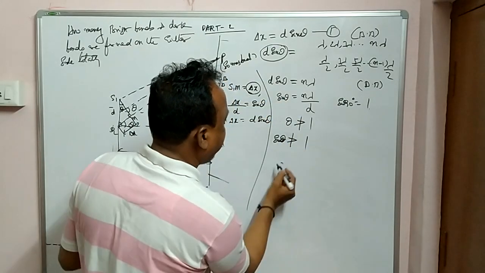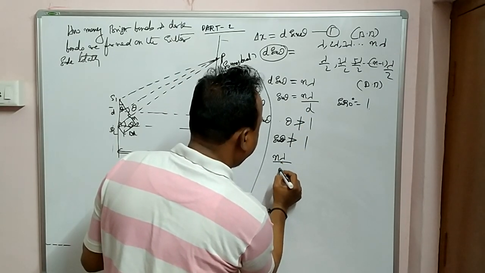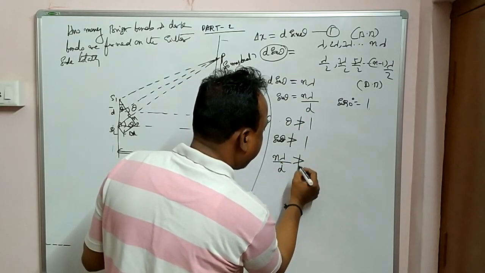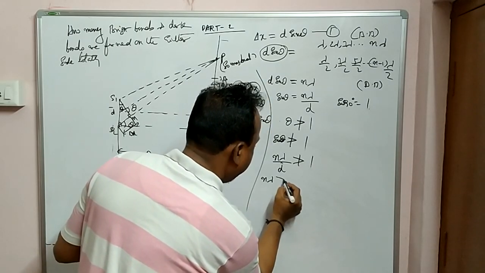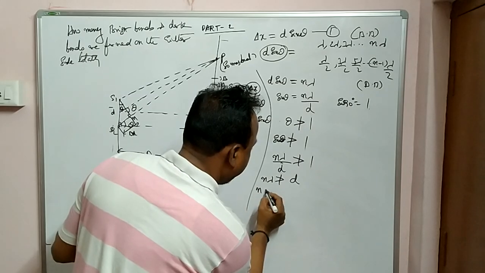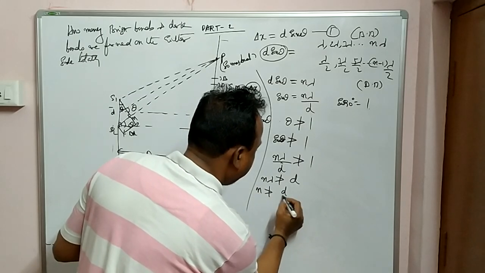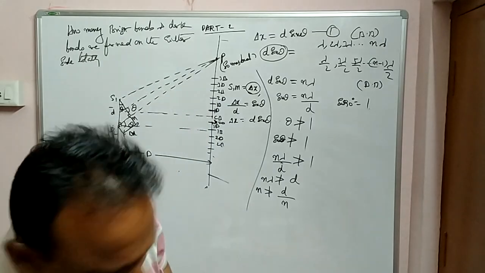So what happens? Put the value here. Sin theta is n lambda by d, which cannot be greater than 1, or n lambda cannot be greater than d, or n cannot be greater than d by lambda.